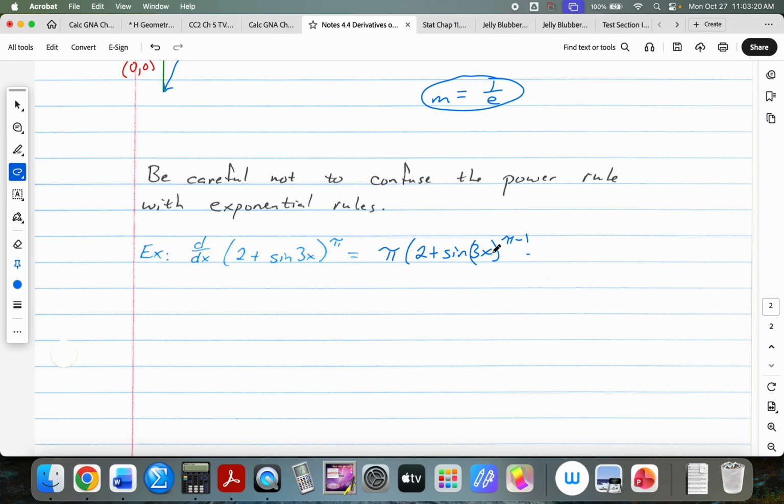Sine of 3x is itself a composite function, so the derivative of sine of something is cosine of that something, times, because of the chain rule, the derivative of that something. So this would be 3 pi cosine 3x times 2 plus sine 3x raised to the pi minus 1 power.